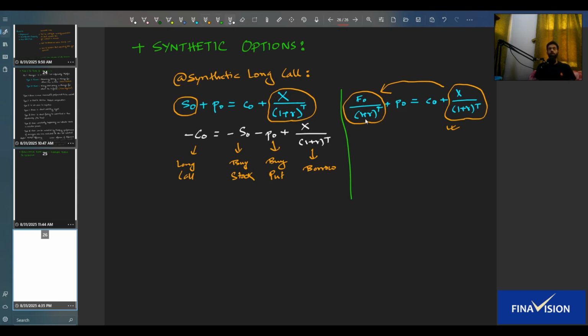So now from this we can understand that minus C0 is equal to minus the present value of the forward contract minus P0, right?